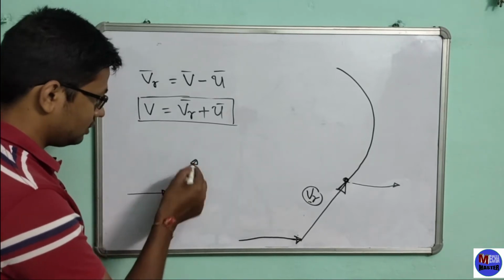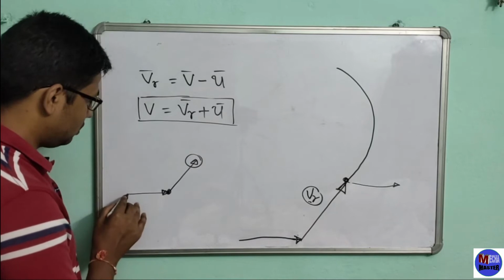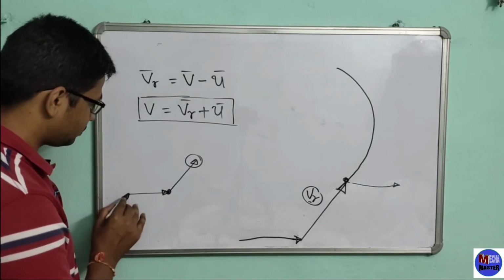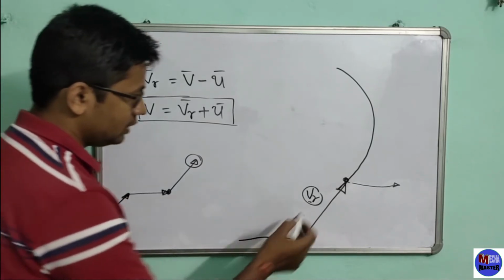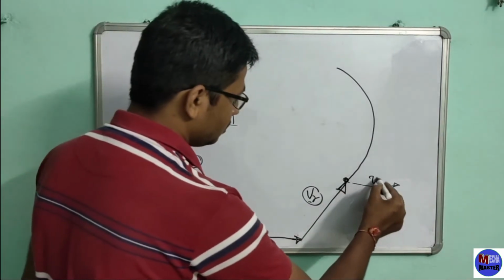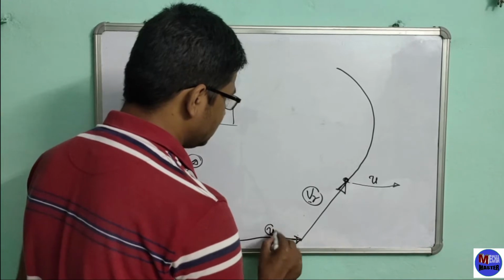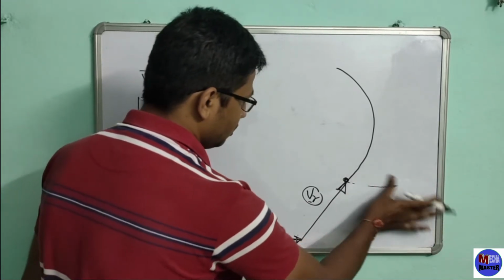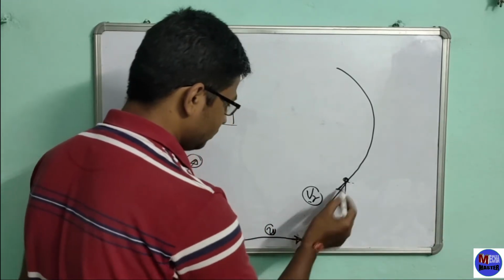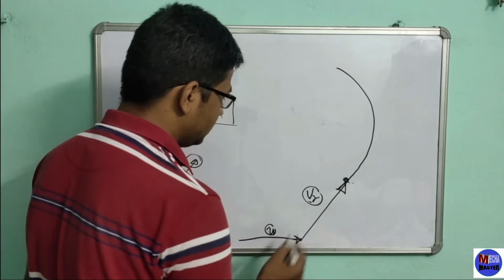So this can be shown here, or we can also show it here. Similarly, we can show the vane velocity here, or we can show it here. So instead of showing vane velocity here, we will show it at the tail of the relative velocity.